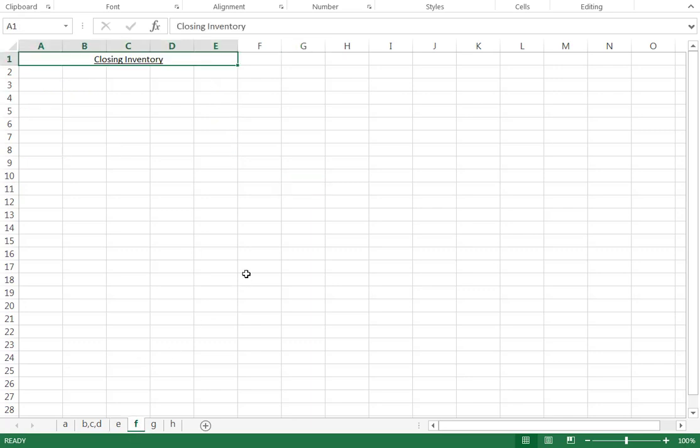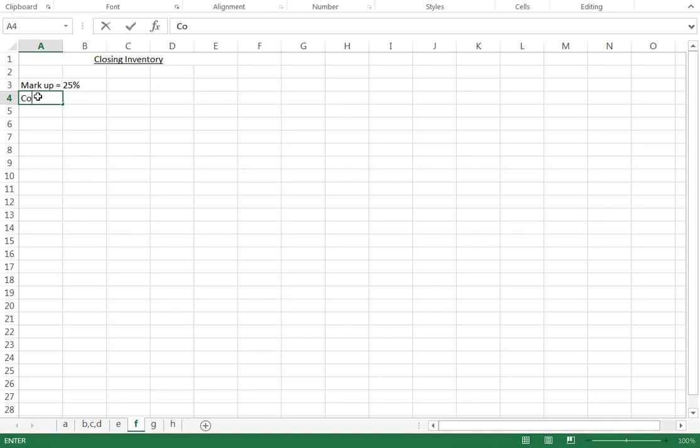What's next? Closing inventory. Okay, closing inventory is going to be a tricky one. They've told us that our gross profit markup was 25%. So let me pop this down here for a second. Markup equals 25%. Now, markup is on the cost of sales.